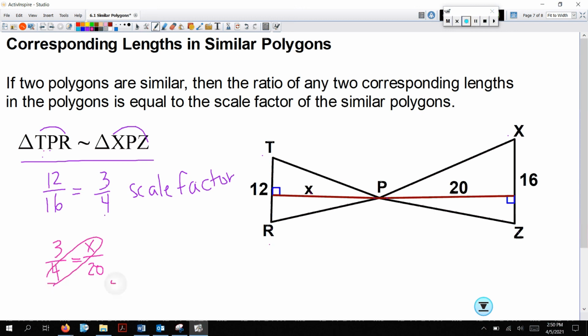Cross multiply, 4x is equal to 3 times 20, which is 60. 60 divided by 4, x equals 15. Lovely, lovely. And this was the altitude of these triangles. They're like laying on their sides. So it was the height, essentially, that we found.